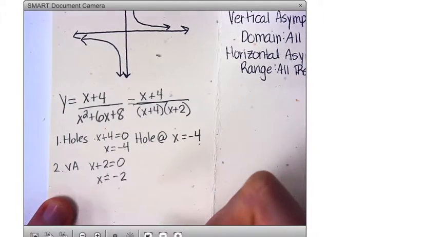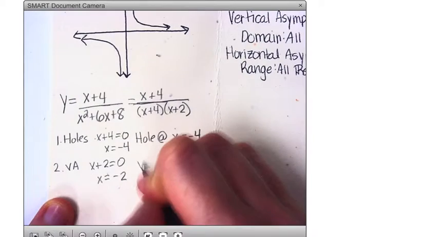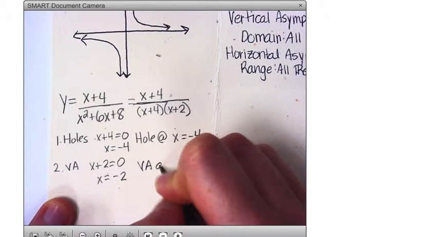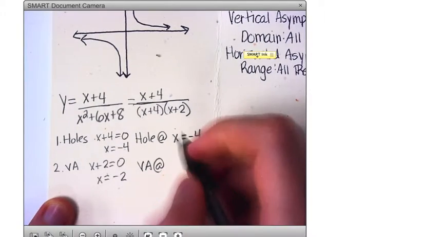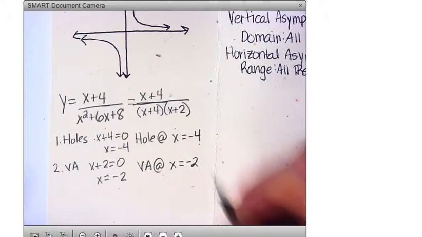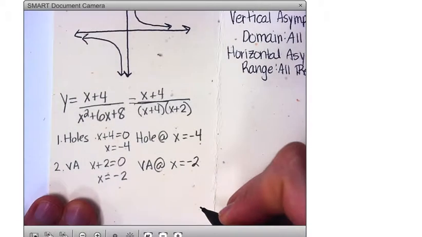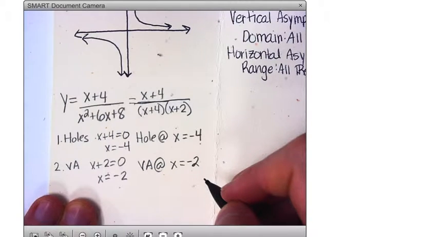Any questions? So where is the vertical asymptote? Yeah. X equals negative 2. There's not a hole if you can't cancel them out.